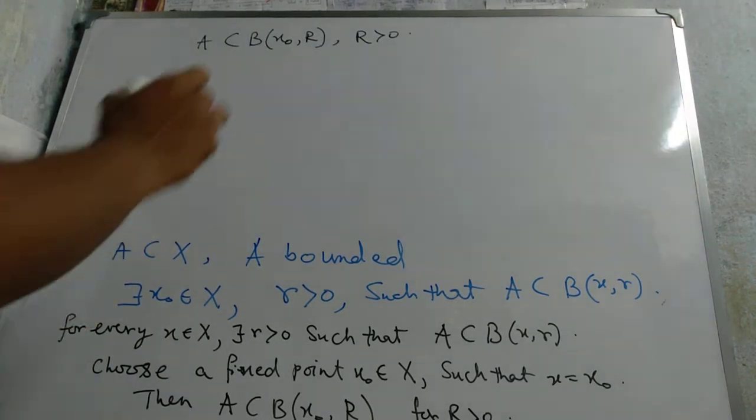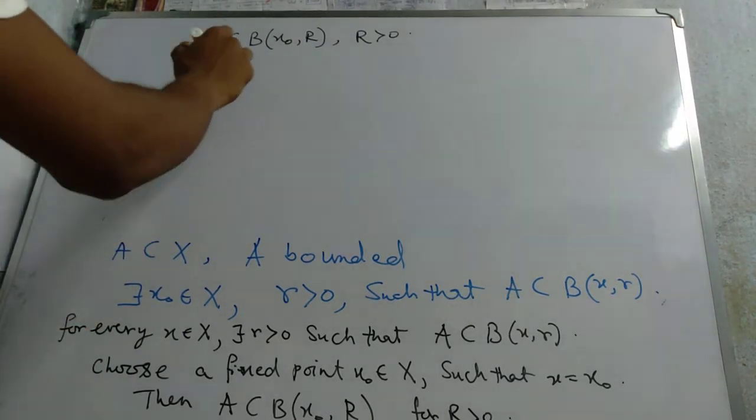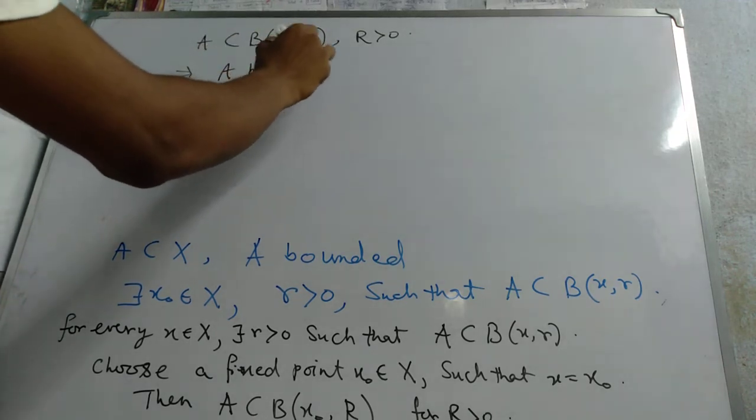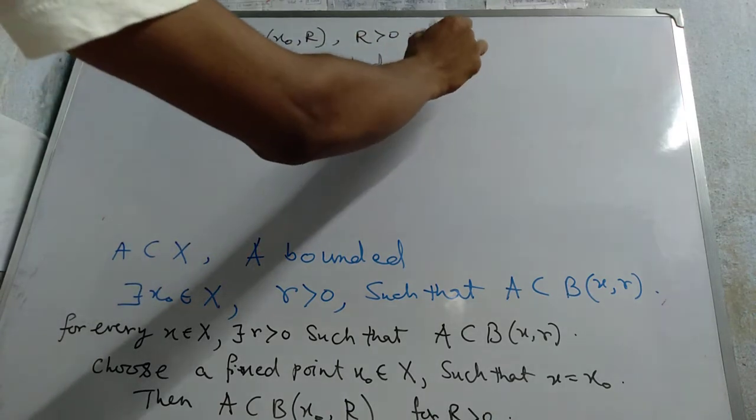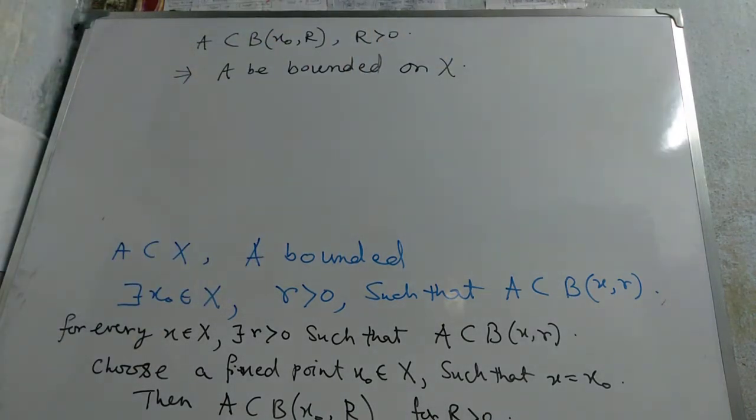Then this implies that A is bounded on X. Okay, so we do this problem. That means a subset is bounded if and only if for every x belongs to X there exists r greater than 0 such that A is a subset of B(x, r). For every x, why?